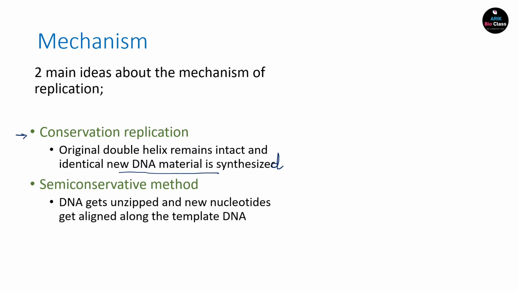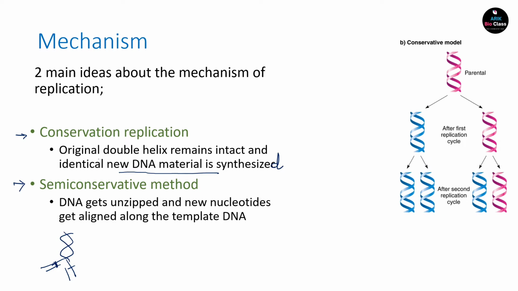And the second one is the semi-conservative method, where the DNA gets unzipped. So you have a DNA molecule, it gets unzipped and new copies are formed over these DNA strands. The original DNA works as a template DNA and the newly constructed strands are seen.